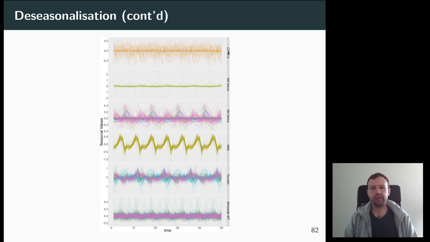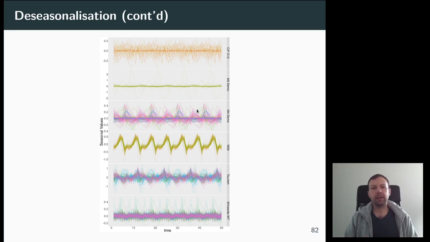So you see we have here a couple of different data sets. It's CIF, M3, M4, just some subsets of those, NN5, tourism. And what we see here is, for example, the M4 demographics data set. It's vastly different seasonal. So what this plot shows is just the seasonal component extracted from each series in the data set.